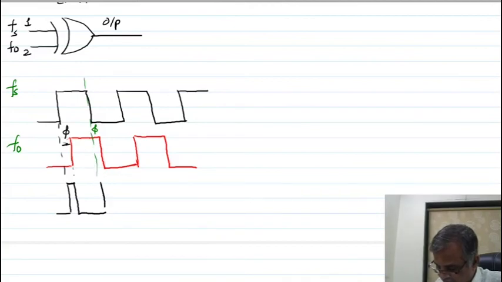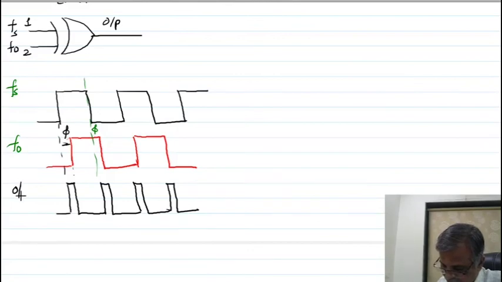Again, when both are at different levels, you get your output. Again, when both are at different levels, you get your output. So this is the output of your digital phase detector.